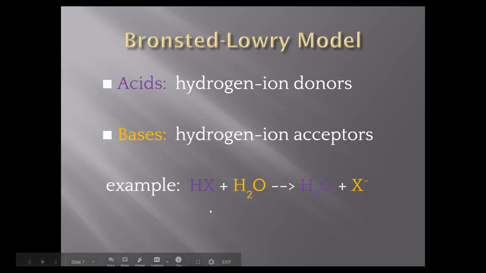In this reaction, when this acid and water are reacting, this hydrogen ion ends up moving over there. You can see that in the products because the water became H3O. So it took the hydrogen from the acid. This is your acid because it's giving up that hydrogen ion.